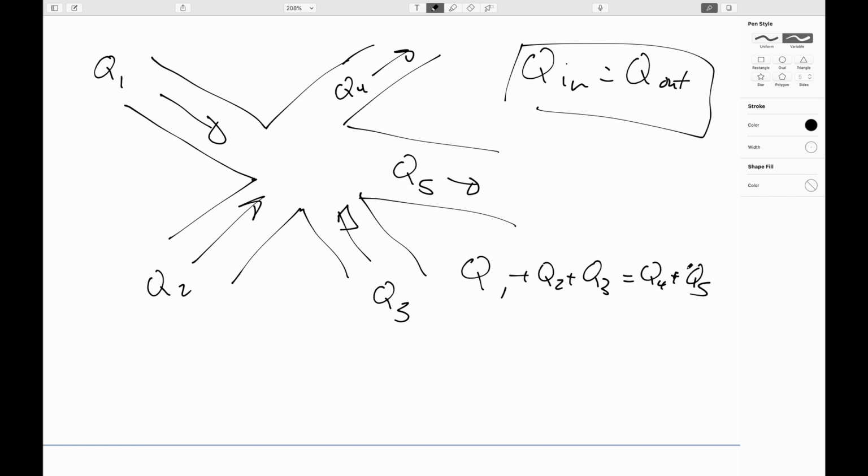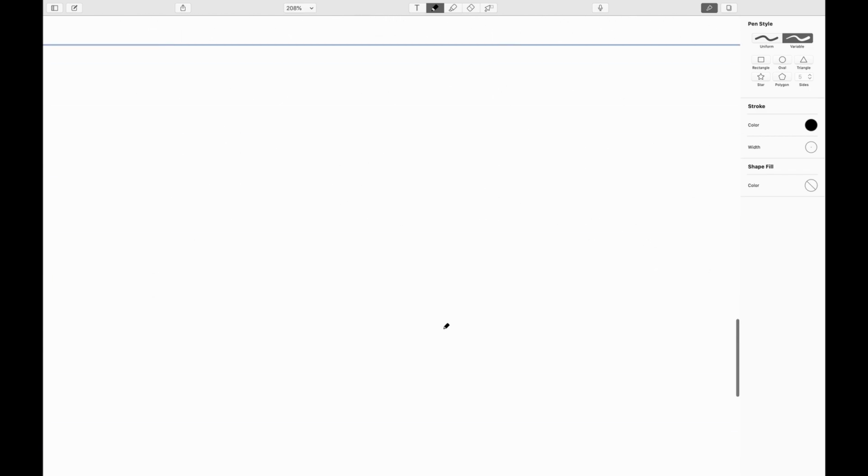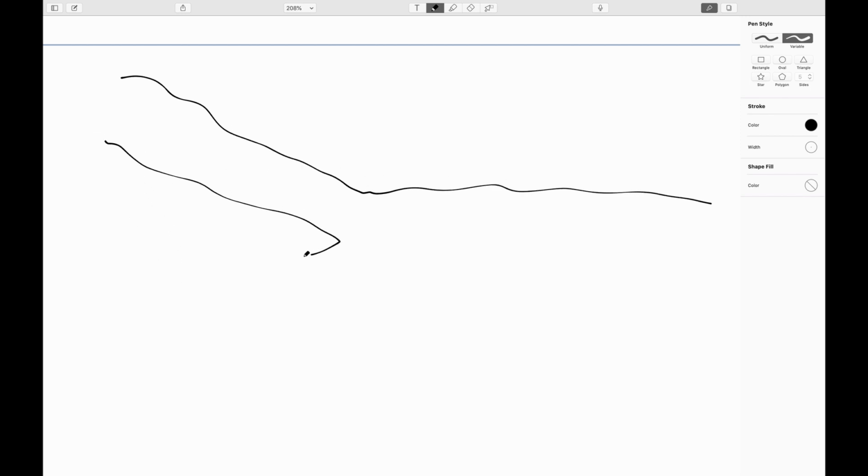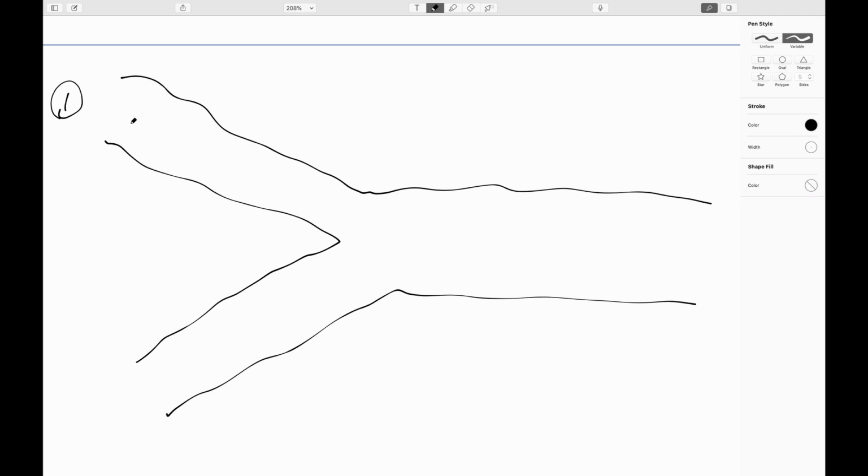All right, so maybe let's just do one quick example to make that a little more concrete. Let's say here we've got two rivers. So river number 1 here, let's say, has a volumetric flow rate of 5,000 liters per second.